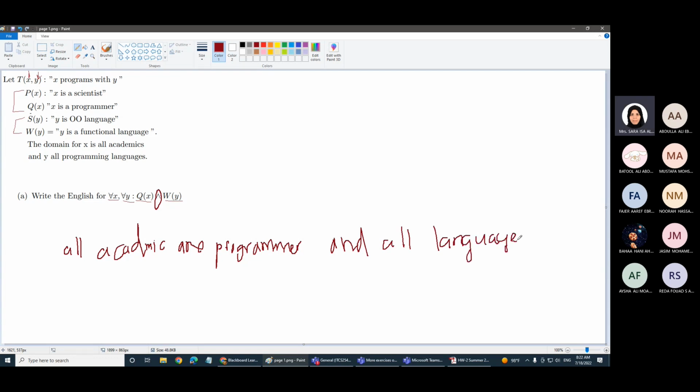How do I know these are languages? Because I use Y for W(y), and W(y) is a predicate to describe languages, and all languages are functional.